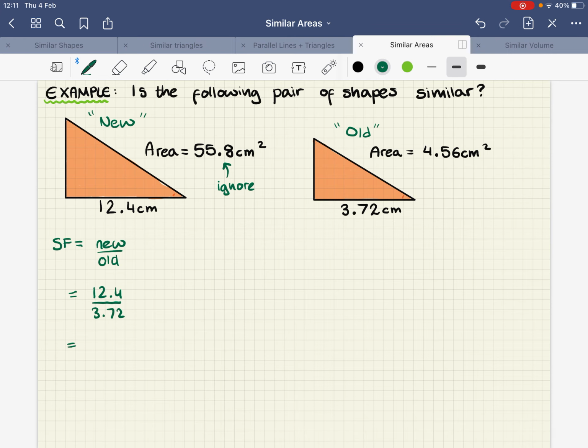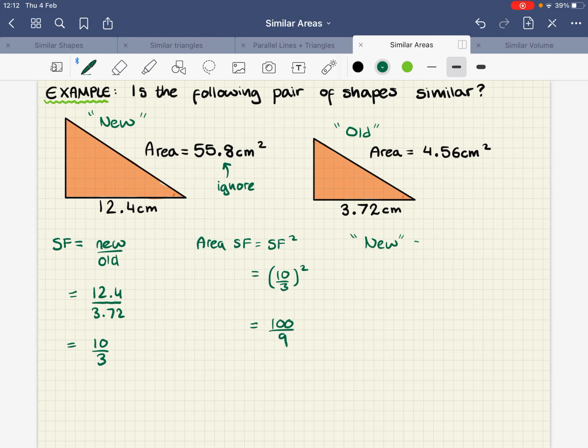And I can put that in the calculator for it to simplify for me. And that comes to 10 over 3. So my area scale factor, taking my scale factor and squaring it. So the 10 over 3 squared, and that comes out to 100 over 9.